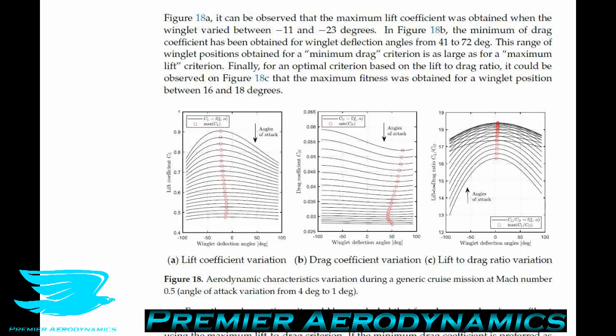So this change, though, may be too high, and this depends on the exact reference area they used to calculate this coefficient. As I've mentioned before, I don't know whether they used the reference area of the wing in general and used that for all different winglet configurations to calculate the lift coefficient, or whether they calculated the projected area of the wing with the winglet at different angles and then used those reference areas to calculate the lift coefficients. I'm not sure which one it is.